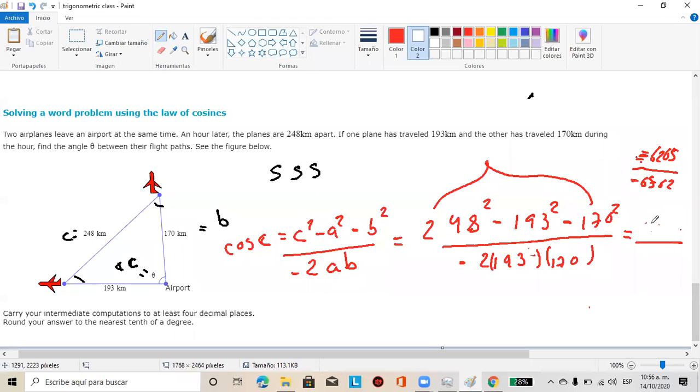Teacher, you have to subtract the one that is from C. Yeah, so this is negative. The part above is 2065,645, and the part below is minus 65,620.